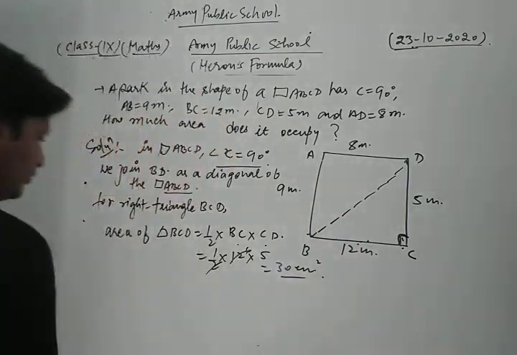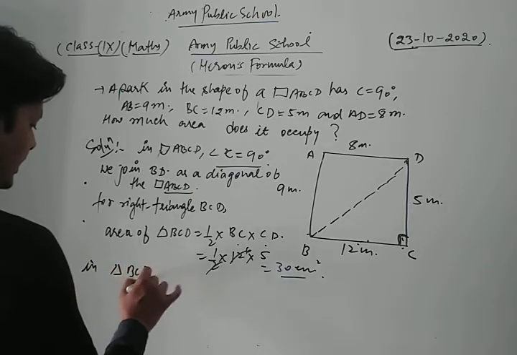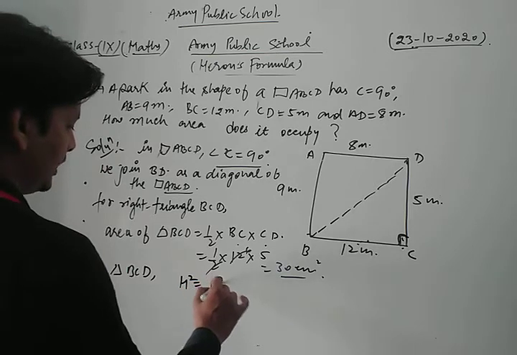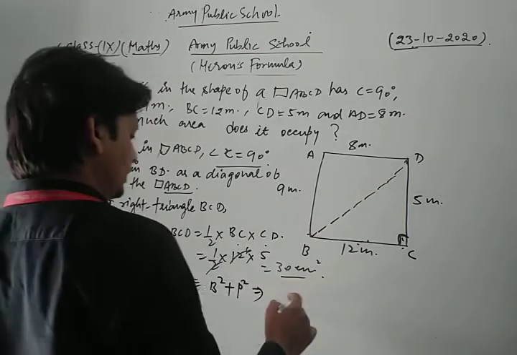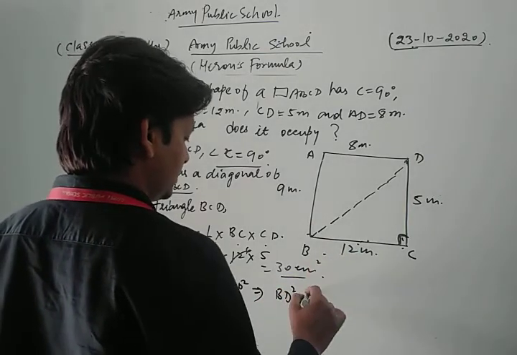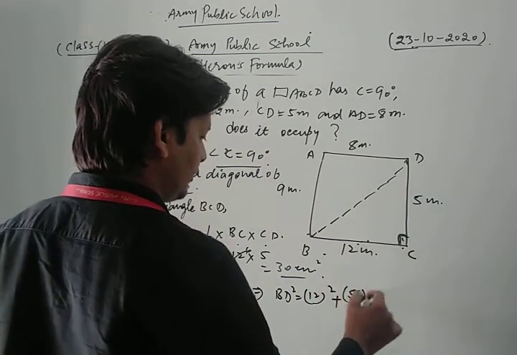Let's see. In triangle BCD, hypotenuse square is equal to base square plus perpendicular square. Here in the figure, the hypotenuse is BD. So BD square is equal to base 12 square plus perpendicular 5 square.